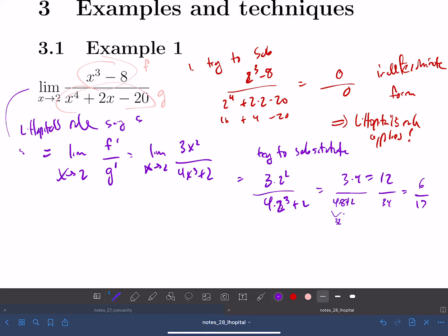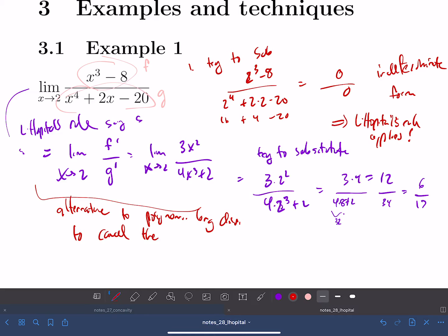I'd like to point out at this point in time, this all right here is an alternative to, say, polynomial long division, because we would cancel the common root algebraically.